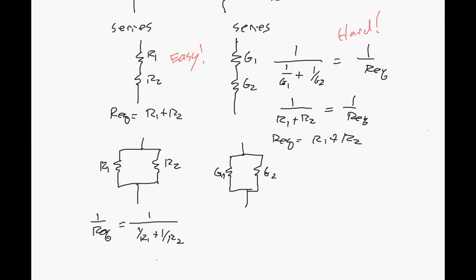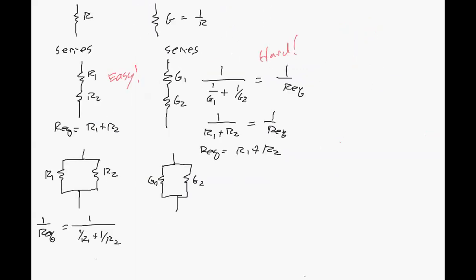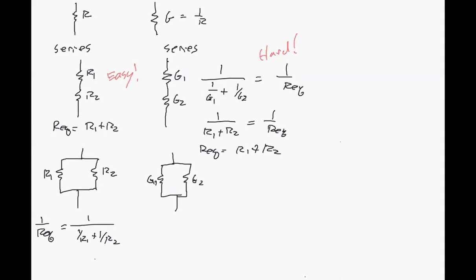And that's hard, right? And then over here, the equivalent conductance is just G1 plus G2. That's easy, right? And then we could find 1 over R equivalent, which would be the same as G equivalent.